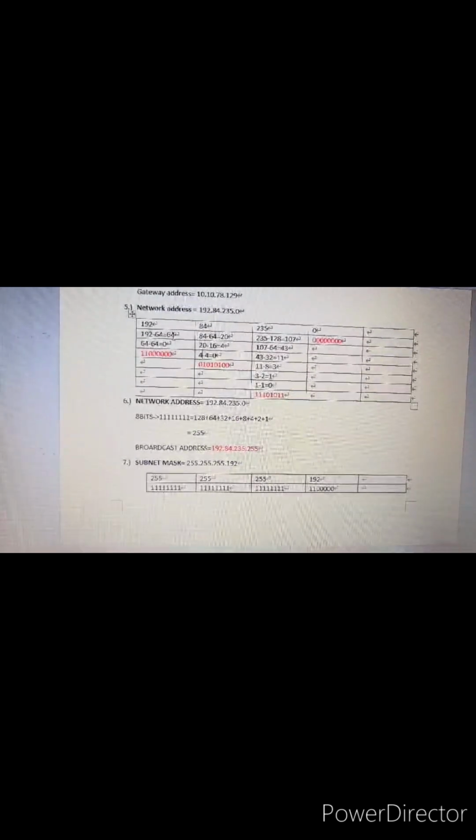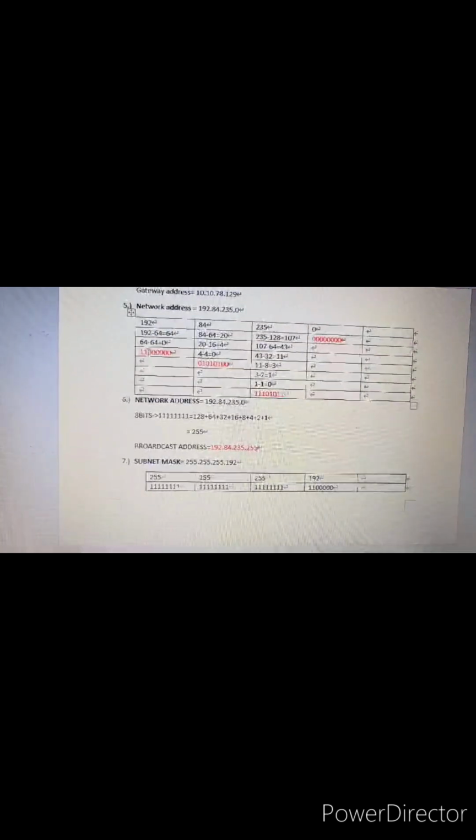The network address, the given is 192.84.85. So 192 is greater than 64, that's why it becomes 1 here. 64 is greater than 32, and the 0 is, as you can see, 0 here.